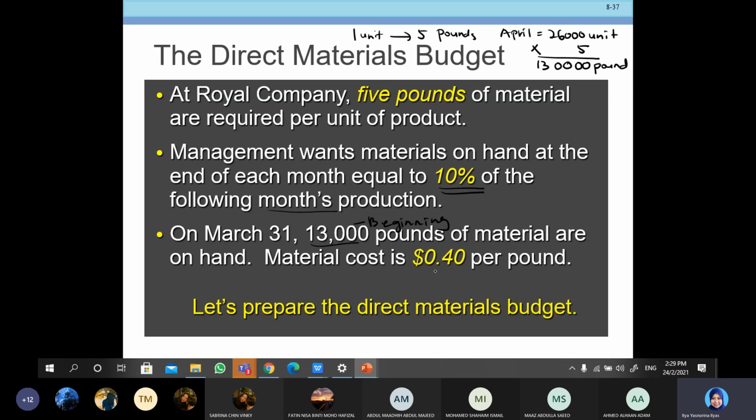Then the material cost is 40 cents per pound. So that means each unit we need 5 times 0.40 is $2 per unit. Okay, now we want to identify how much money we need to prepare in order to buy our direct material. So that's why they give us this info.